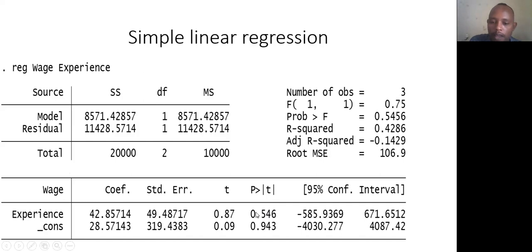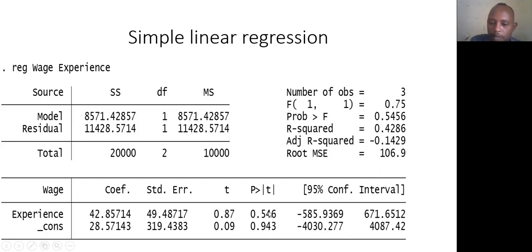Therefore, if this value is lesser than the tabulated t-value at this degree of freedom, at that time we accept the null hypothesis. The contribution of experience on wage is 0. We accept this, and we reject the alternative hypothesis, that is, that the influence is not 0.